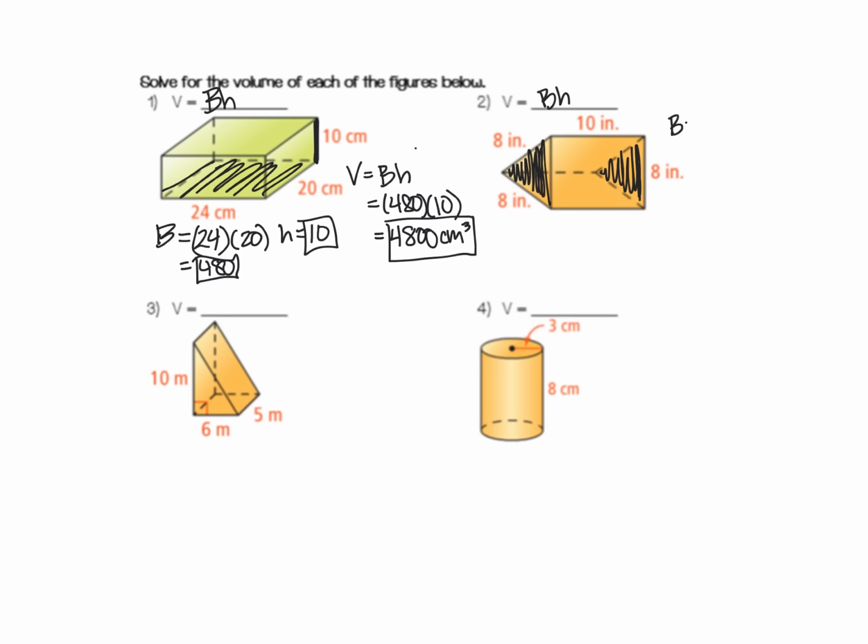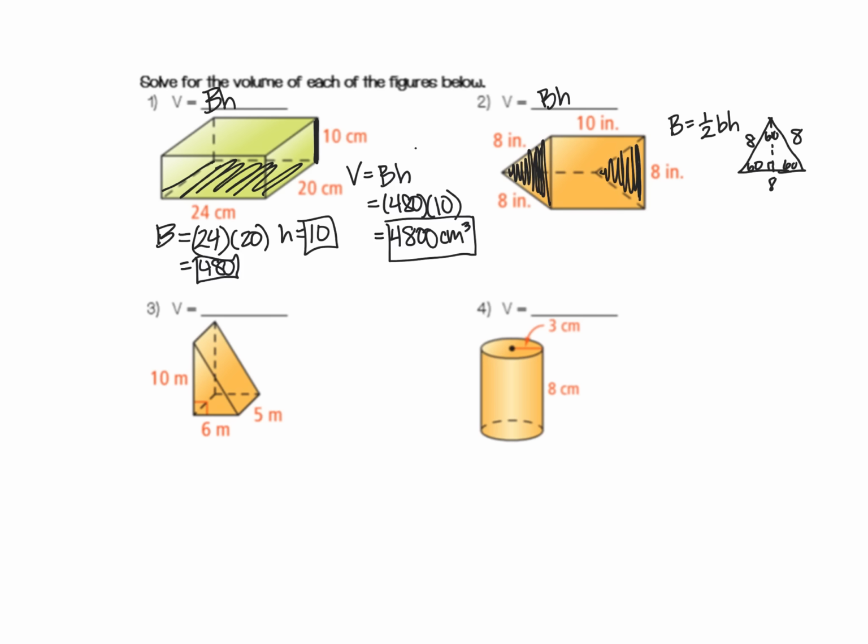The base here is a triangle, so we're going to have to use 1/2 base times height. If I redraw this triangle, notice based on the markings that all of the sides end up being 8. So it's an equilateral triangle, and these angles all end up being 60 degrees. To find the area, I need to know the height.